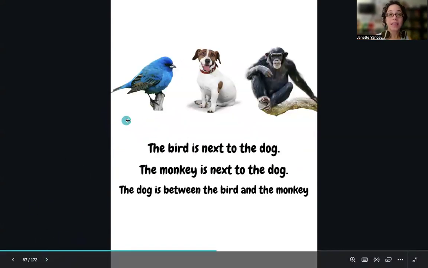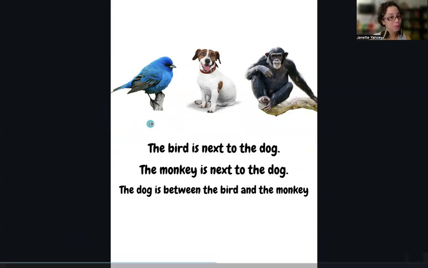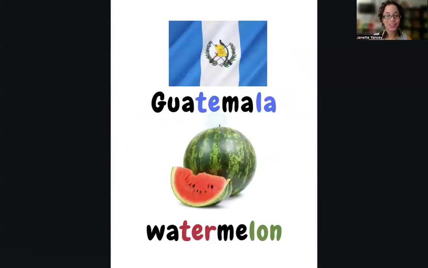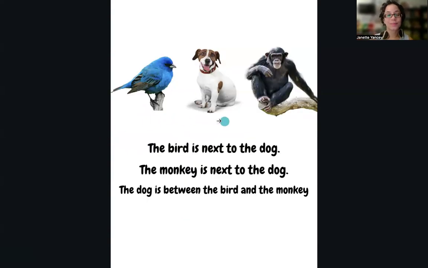Here we have a bird, a bluebird, a dog, and a monkey. The bird is next to the dog.